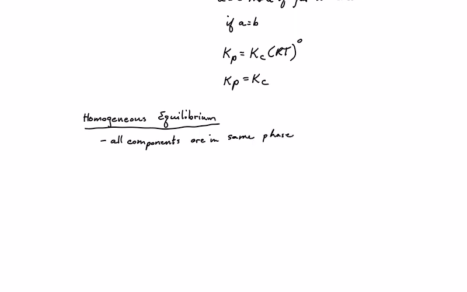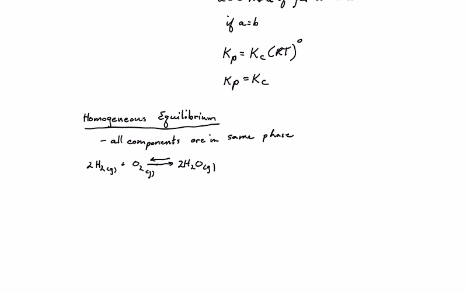So for example, if we have hydrogen reacting with oxygen to produce water vapor, everything here is in the gas phase. So this is a homogeneous equilibrium, if in fact it were at equilibrium.